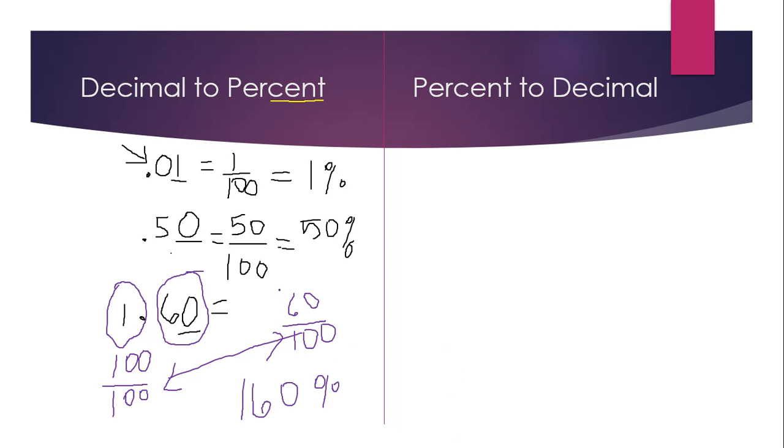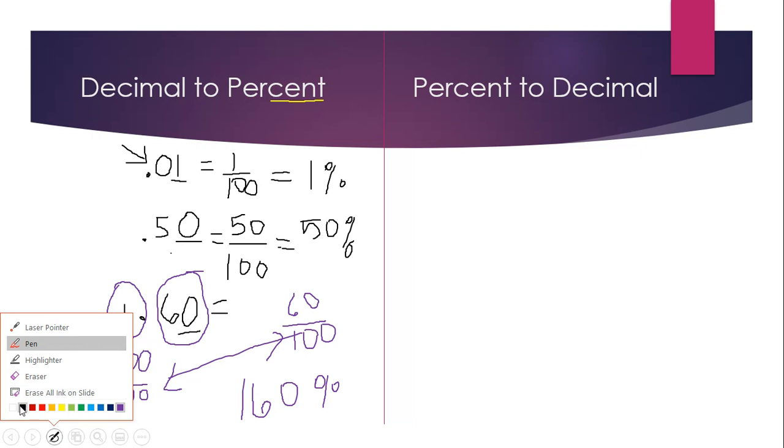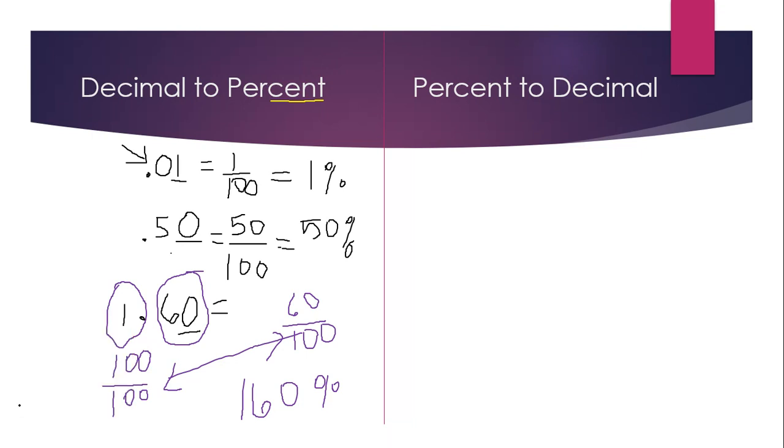Okay, now we're going to go into the percent to decimal. We're working backwards this time. What if I have started off with 1%? Okay, well, I know that a percent is a special fraction out of 100. So I can immediately rewrite this as 1 over 100.